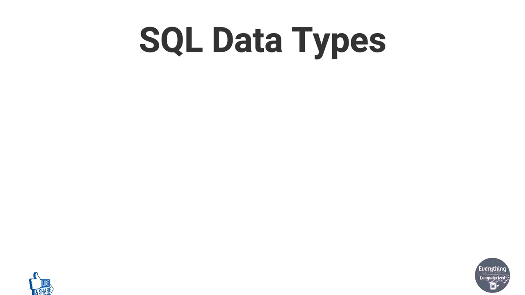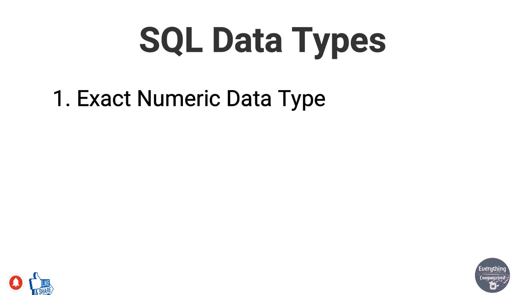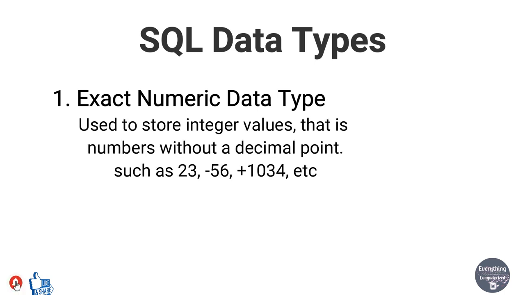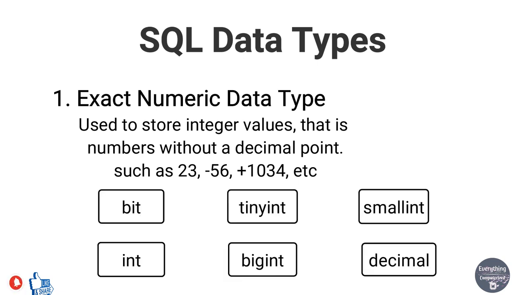The first category of the data types in SQL is the exact numeric data type. In this data type, we can store the numbers which do not contain a decimal point in it. We can only store integer values. So mainly there are 6 major data types present in this category, which are supported by all the DBMS softwares.